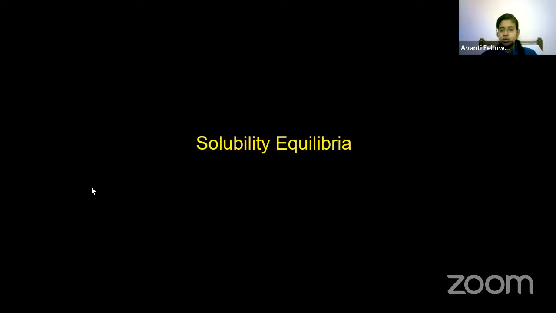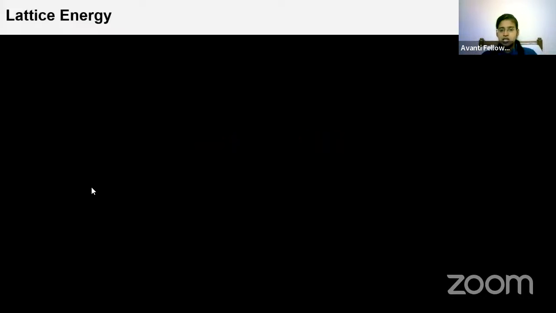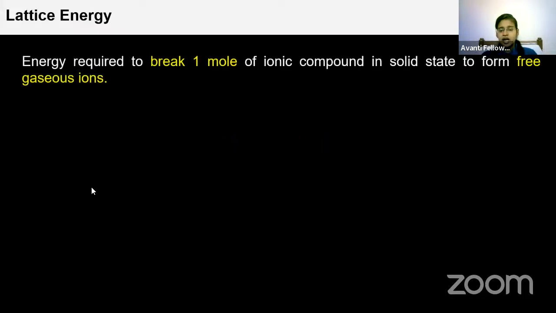Okay. So to understand the solubility equilibrium, we need to understand two terms. One is lattice energy and the other one is hydration energy. If you remember, I told that lattice energy is the energy required to break 1 mole of the ionic compound in solid state to form the free ions, right?